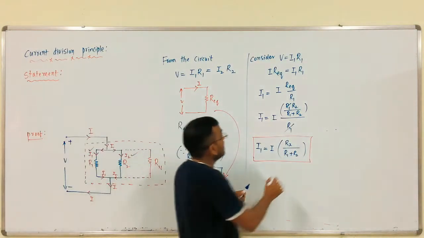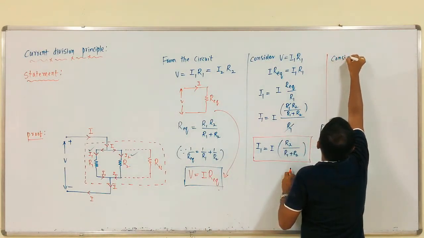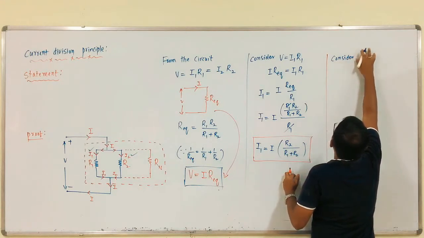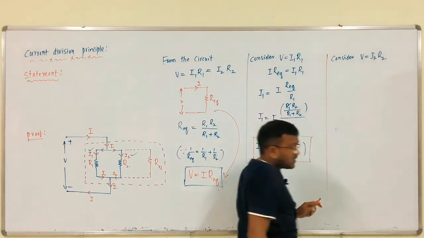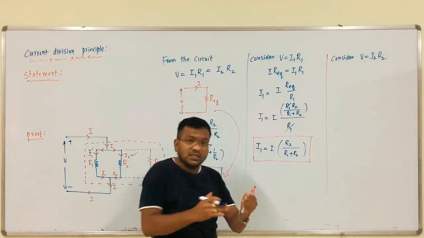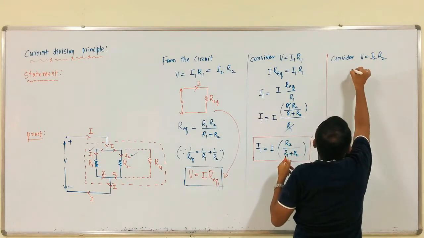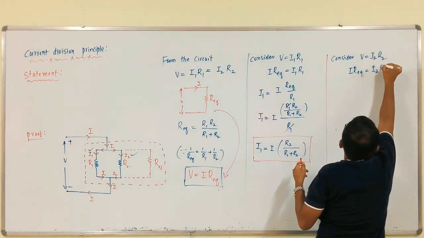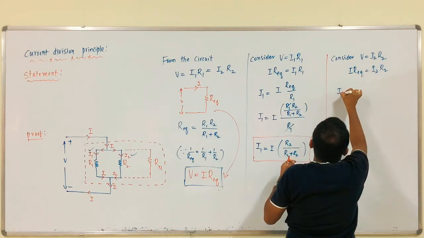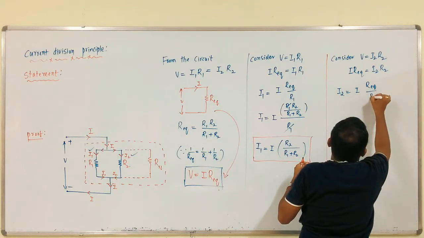Like that, consider V equals I2 R2, right. The total supply voltage equals I1 R1, which equals I2 R2. Now I am considering I2 R2, which equals I into R equivalent, which equals I2 into R2. From this, I2 is I into R equivalent by R2.